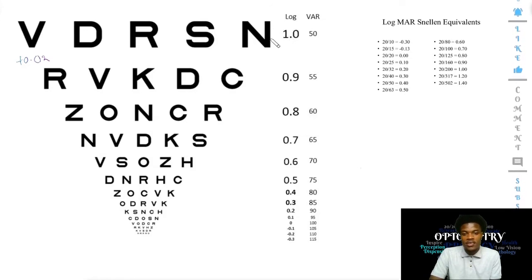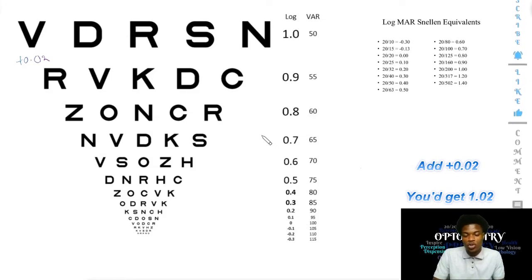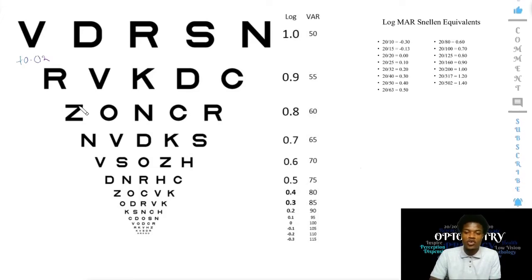So in this case, let's say the person missed the V and they read D, R, S, N, we would add 0.1 to the LogMAR. So basically that person's visual acuity would have been 1.2. So as I said, for each letter missed, we would add 0.02 to the LogMAR.